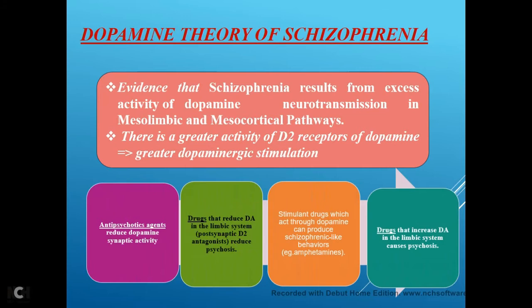Antipsychotic agents reduce dopamine synaptic activity, so a drug that reduces dopamine activity in the limbic system reduces psychosis. Some stimulant drugs which act through dopamine, like amphetamine, can produce schizophrenic-like behavior. So a drug that increases dopamine activity in the limbic system causes psychosis.